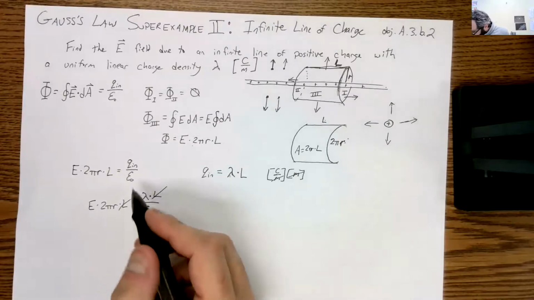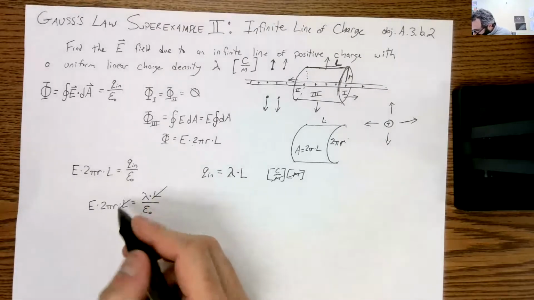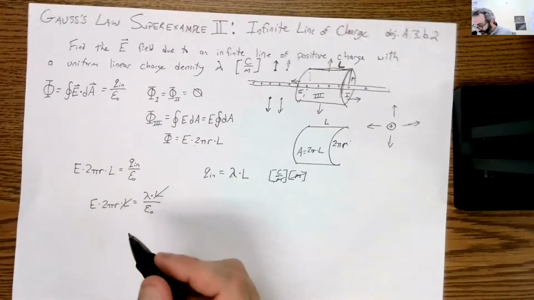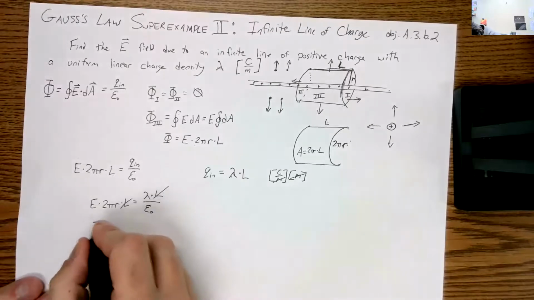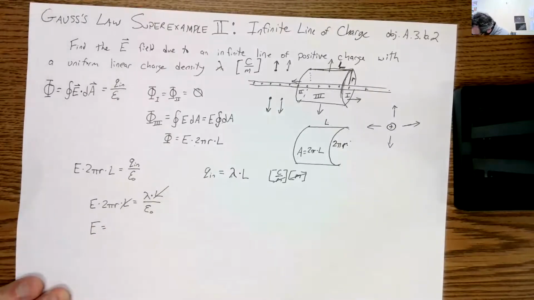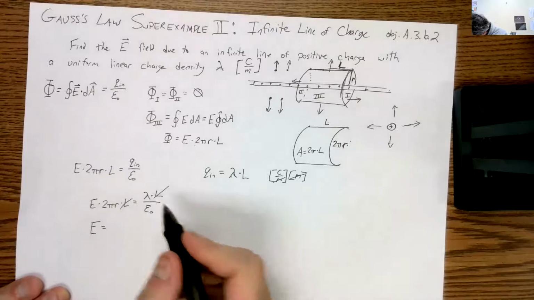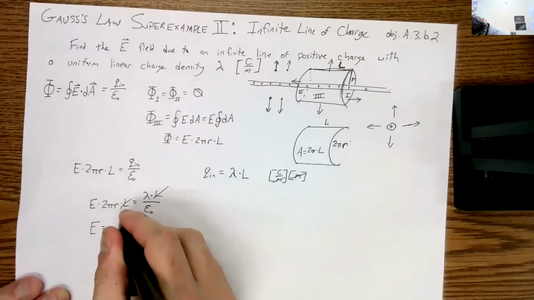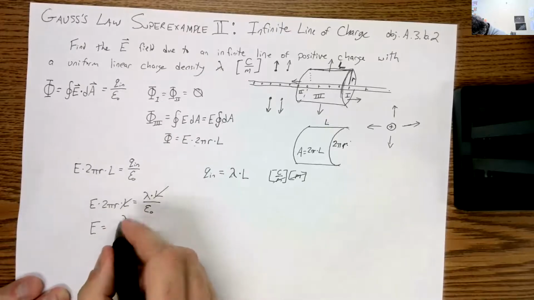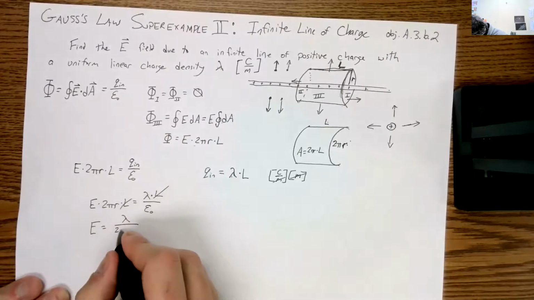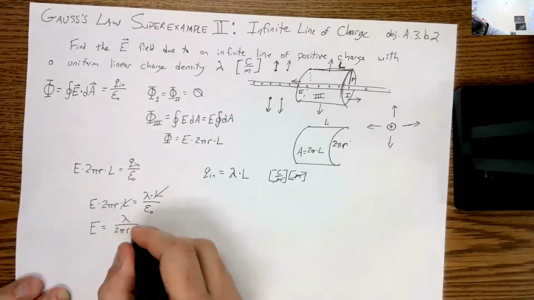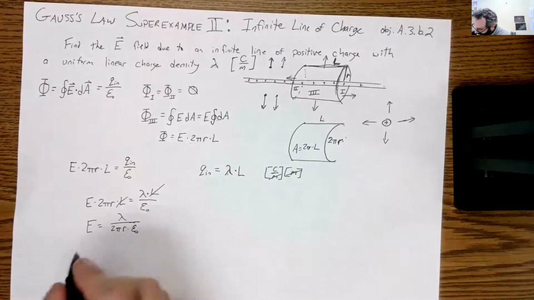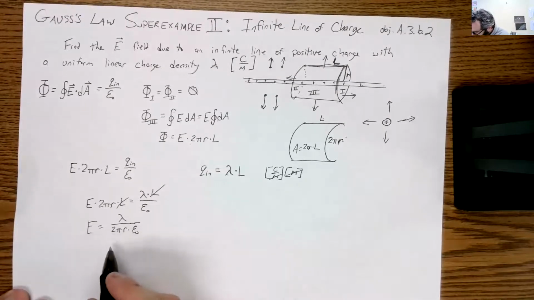The only things we have left are the electric field and things that are given to us: the linear charge density and R, the distance. Let's solve it for E. It looks like we have lambda over 2 pi r epsilon naught, for the magnitude of our electric field.